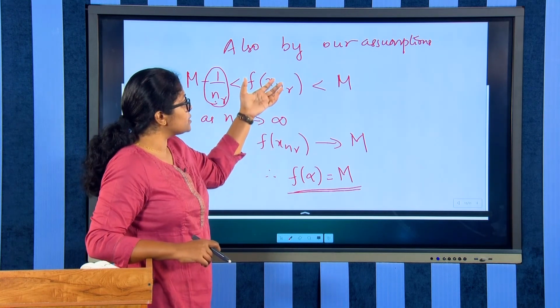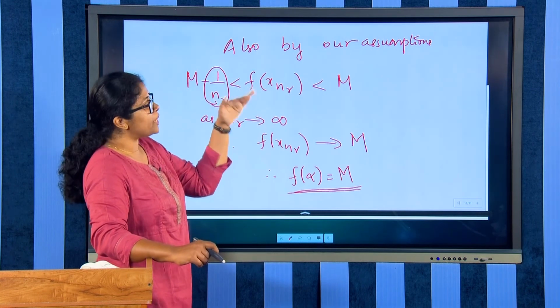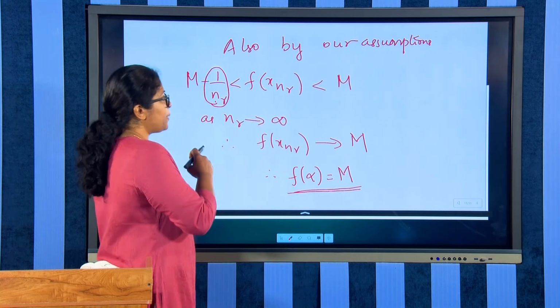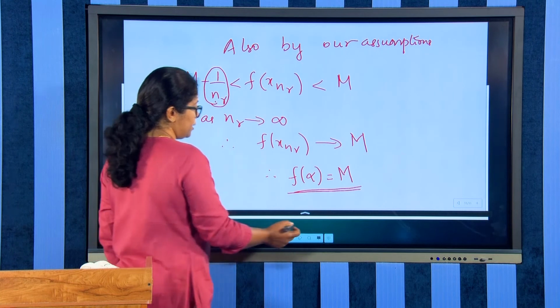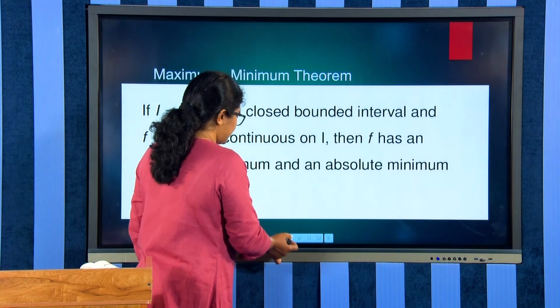We consider exactly the same case, and that lies between small m and m plus 1 by n. That part I am not going to prove here, it is left as an exercise.